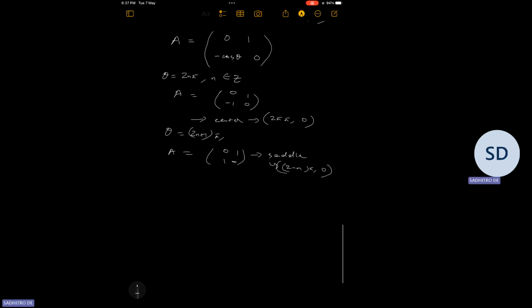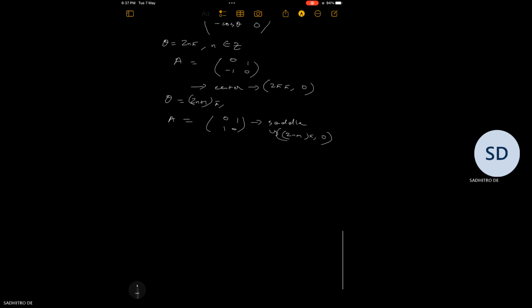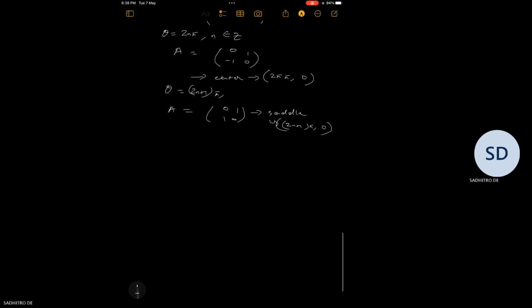So if we try to map the phase portrait in this plane, suppose we consider various multiples. So this is 0, pi, minus pi, and so on.